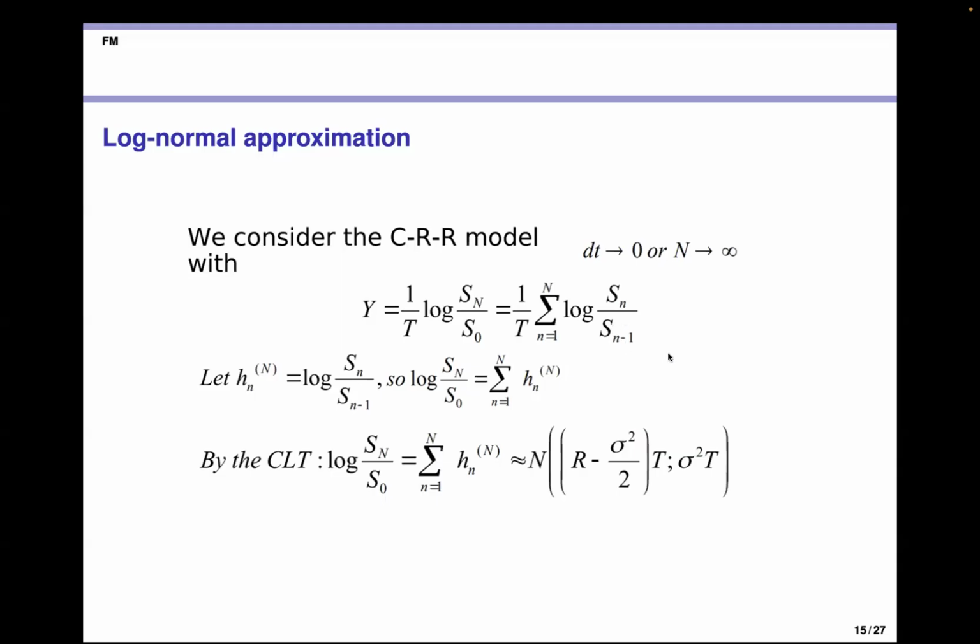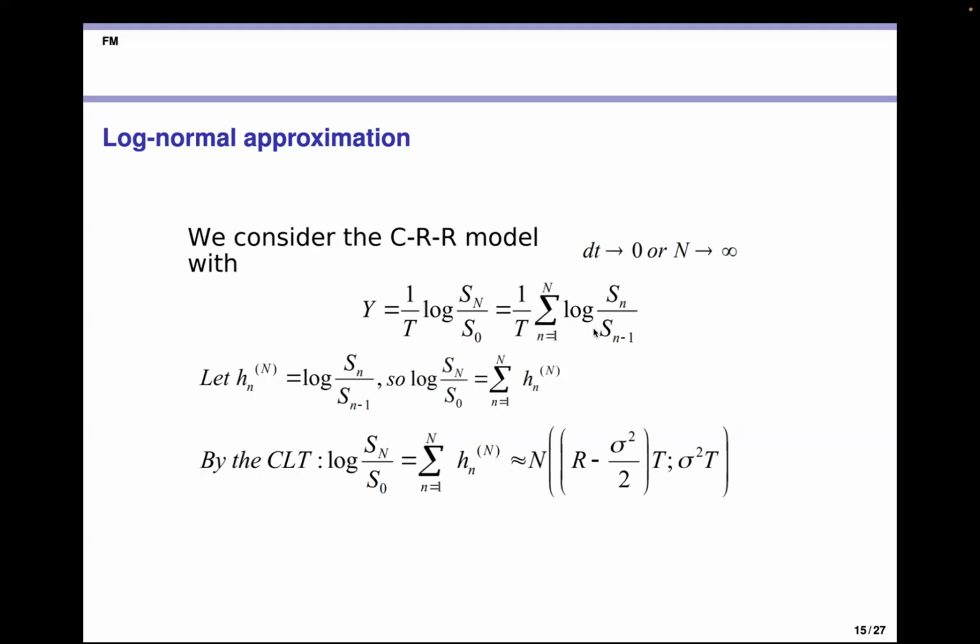The next goal is to obtain the stochastic representation for this value. It is like really a Cox-Ross-Rubinstein model. It is like a binomial tree, but we assume that the number of steps tends to infinity and dt tends to 0. You remember, it is the value of what we consider today, yes?